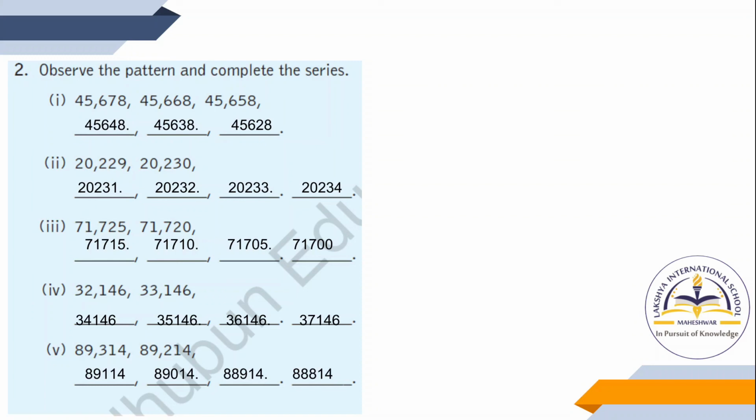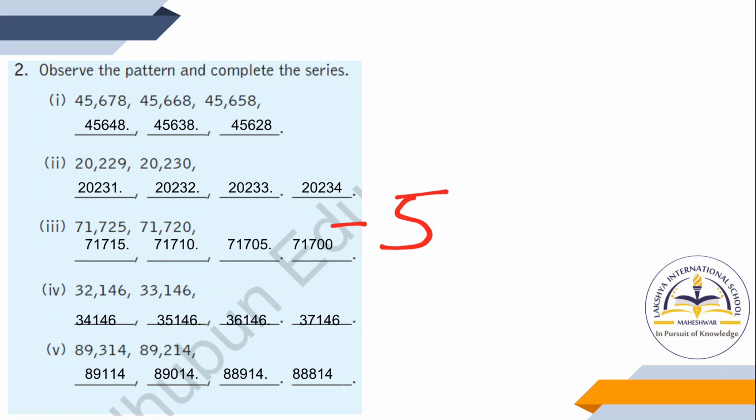In the next, 20229, 20230. Here it is plus 1, so 20231, 20232, 20233, 20234. Like this. Now here it is subtracting, you have to do minus 5.